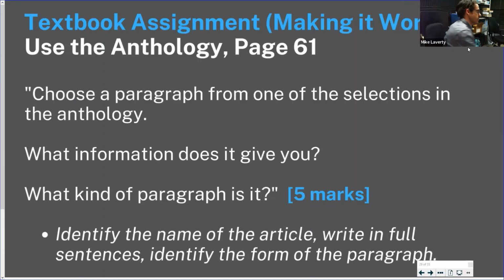So if we go to, not The Road Ahead, if we go to our Making It Work textbook, Making It Work is the description, and they say, you will find paragraphs in many of the selections in the anthology.